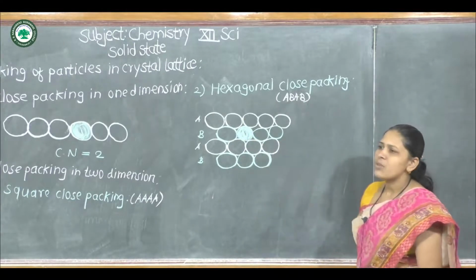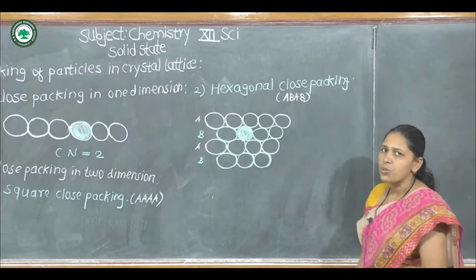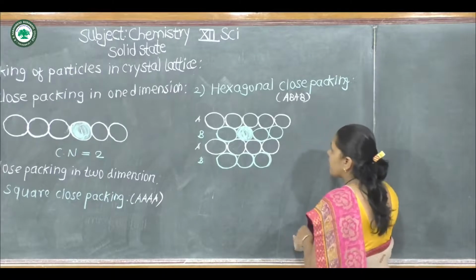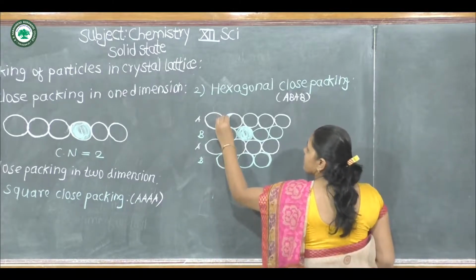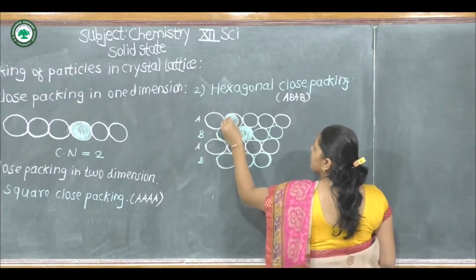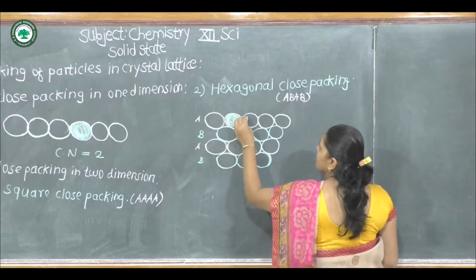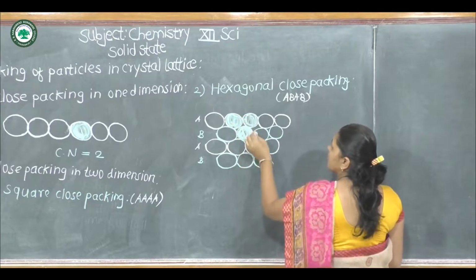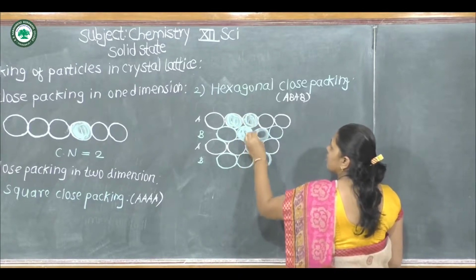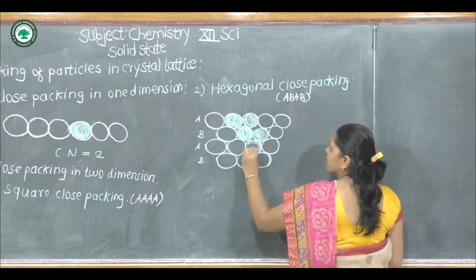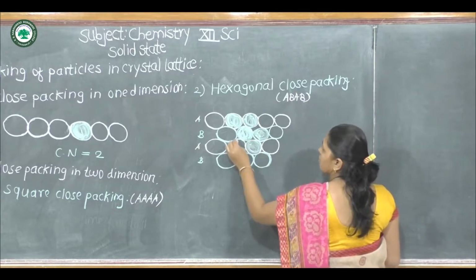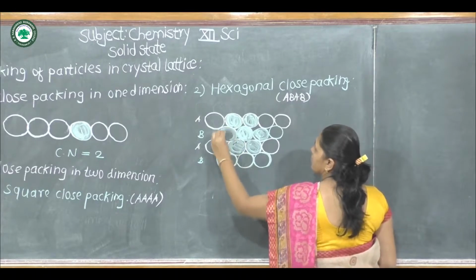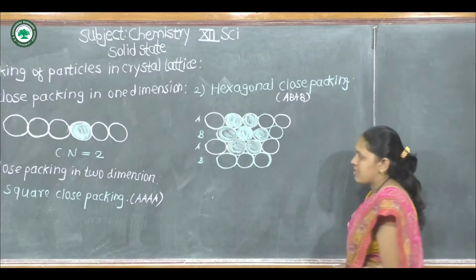This central sphere touches 6 neighboring spheres: 1, 2, 3, 4, 5 and 6.